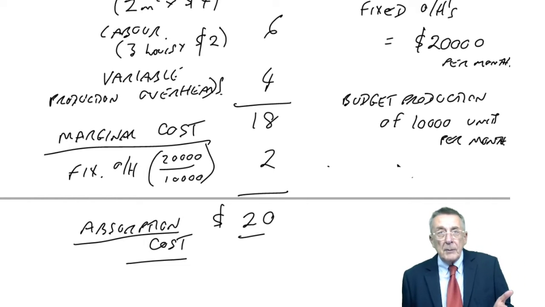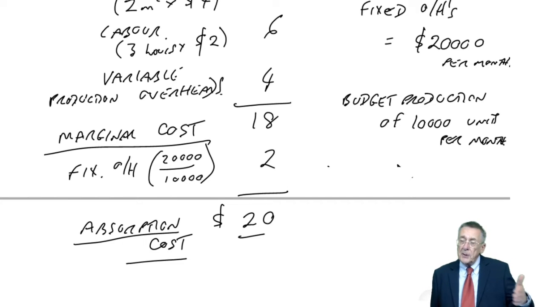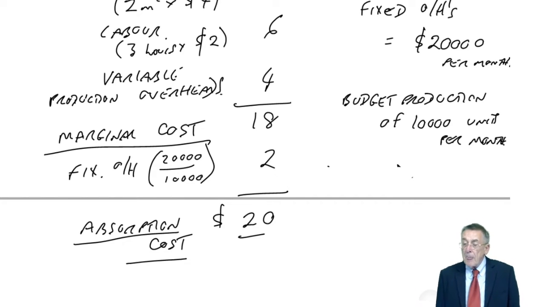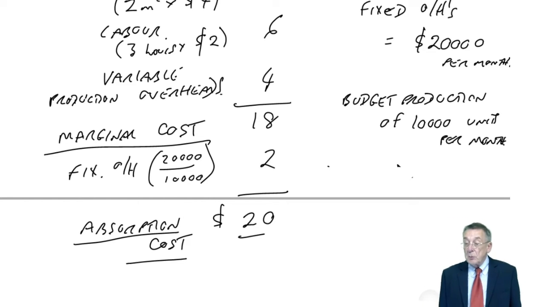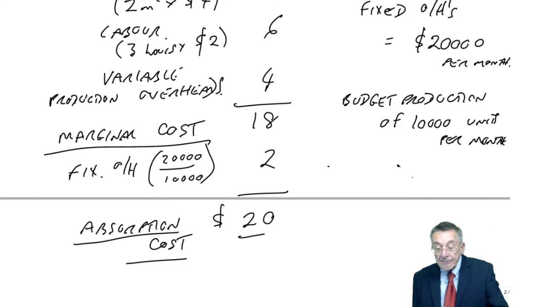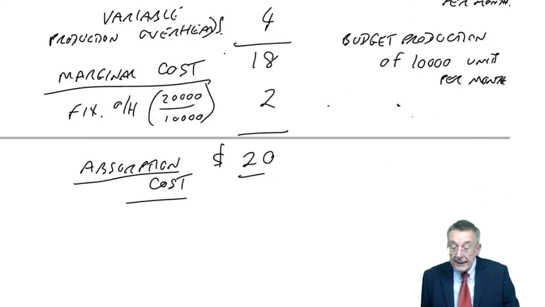If you don't know what I'm talking about, you'll see what I mean in the next chapter. But if there's only one product, no problem. I think it's very obvious. At 10,000 units, it's $20,000 fixed overheads, it's $2 a unit. Anyway, that's what we mean.